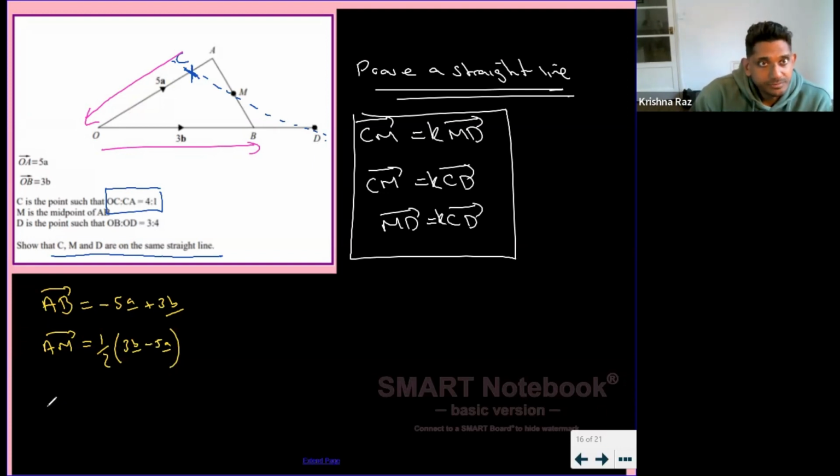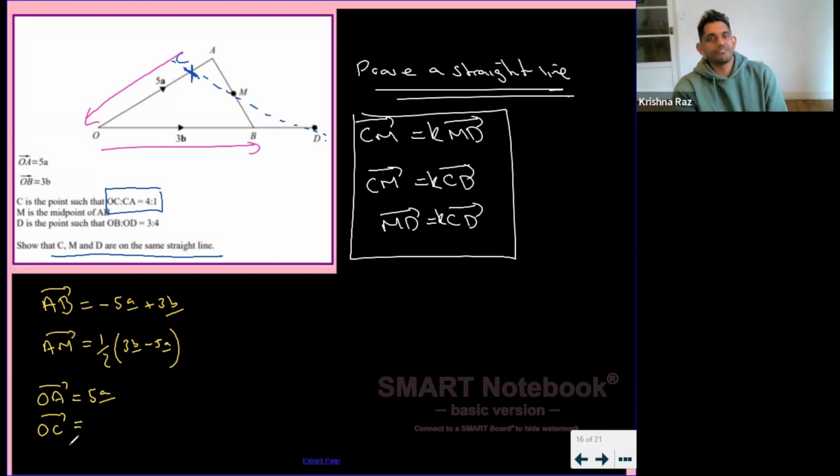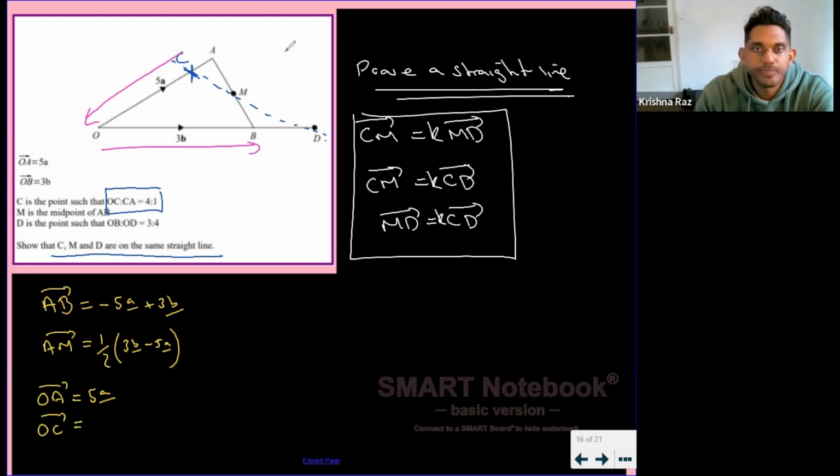And so now, obviously, since OA is 5A, OC is 4/5 of it. Because of this ratio 1:4, that is 1/5 because there are 5 parts.